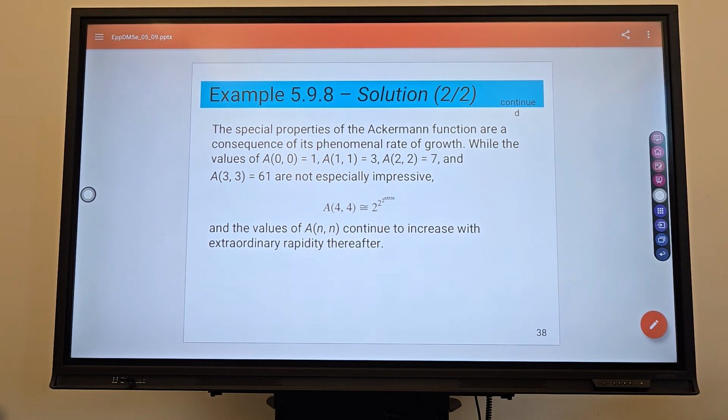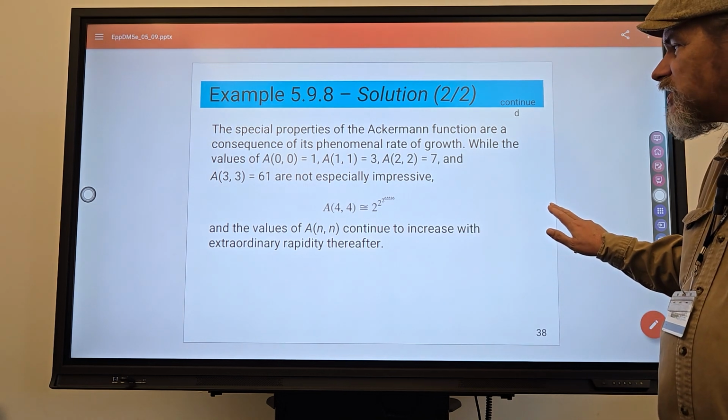Then they get really big. That's kind of a big number, but it just grows beyond exponentially. It grows incredibly fast.